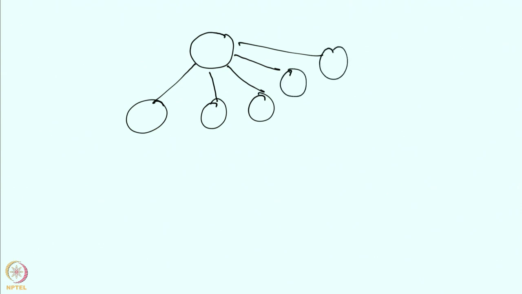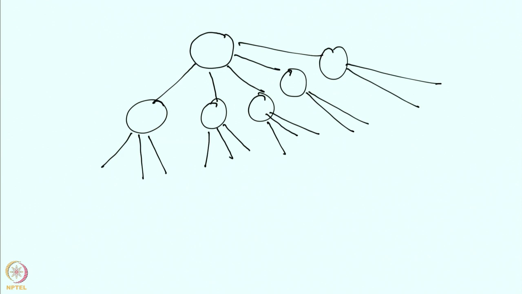There is a position here, and from here there are several possibilities, and then this gives you another position of the game, and from here again it goes on like this, and finally there will be terminal positions.